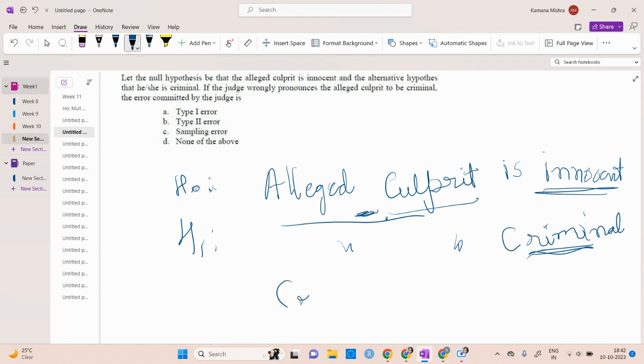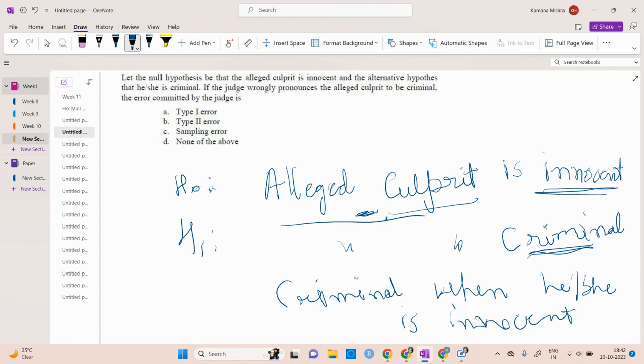He said it is criminal when he or she is innocent, right? So he said it's criminal when he or she was actually innocent.